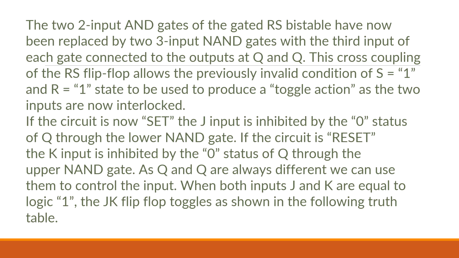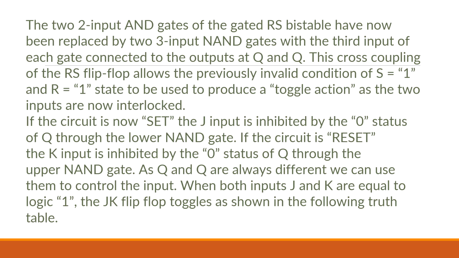This cross coupling of the RS flip-flop allows the previously invalid condition of S is 1 and R is 1 to be used to produce a toggle action, as the two inputs are now interlocked.